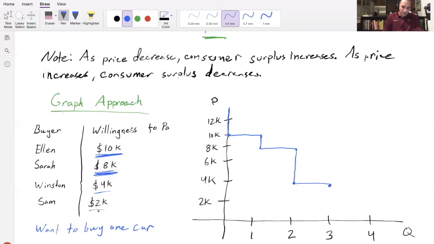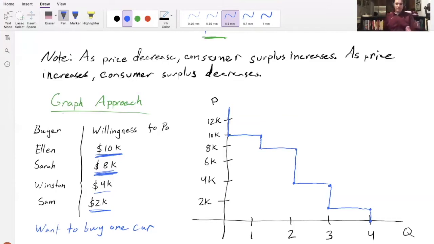And then at 2,000, Sam will enter, and so this line can go all the way down to 2,000, and then it'll jump over to 4. After we reach the price level of 2,000, no more buyers enter the market. Everyone who wants to buy a car is in the market, and so we just draw a line down to the x-axis until we reach p equals 0.